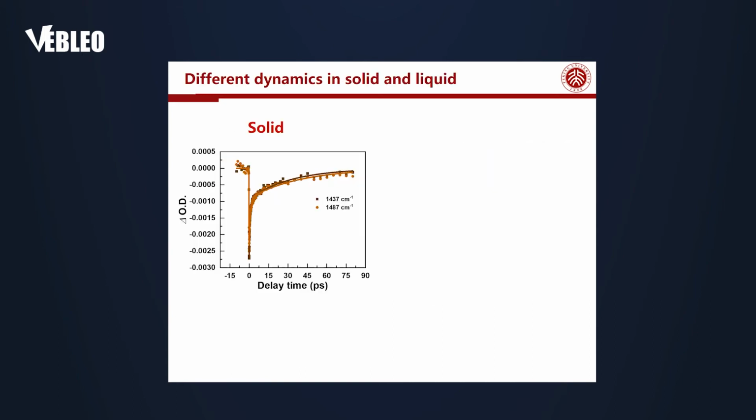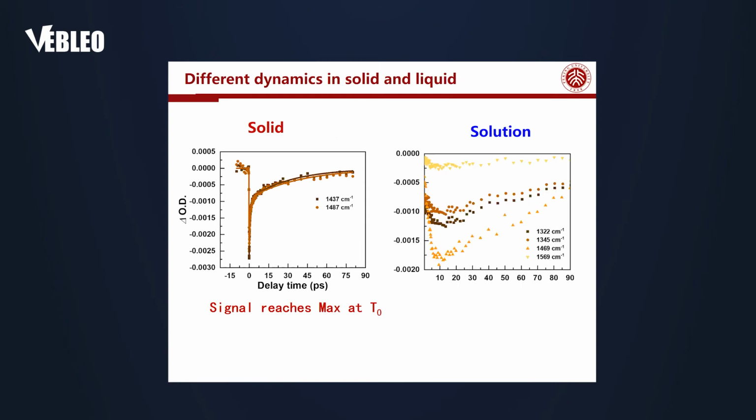Now let's look at the data. For the solid sample, the signal reaches maximum at time 0, but for the solution, the signal reaches maximum at 10 picoseconds. So which means that for the solid sample, the signal must mainly be from electron vibrational coupling. Well, for the solution, it probably comes from new structure.